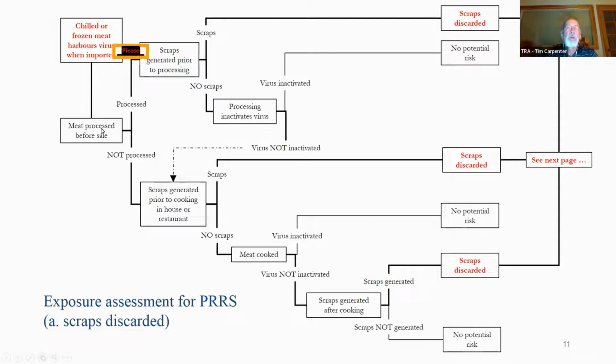Or you could process the meat. Again, you may or may not generate scraps prior to the processing. If you don't process the scraps, then they could go back into the same chain here and either end up being discarded and viremic, or no scraps, not discarded, and having no risk or not being contaminated.